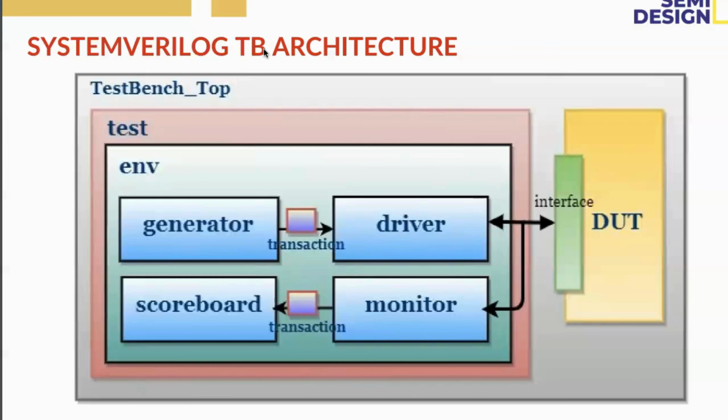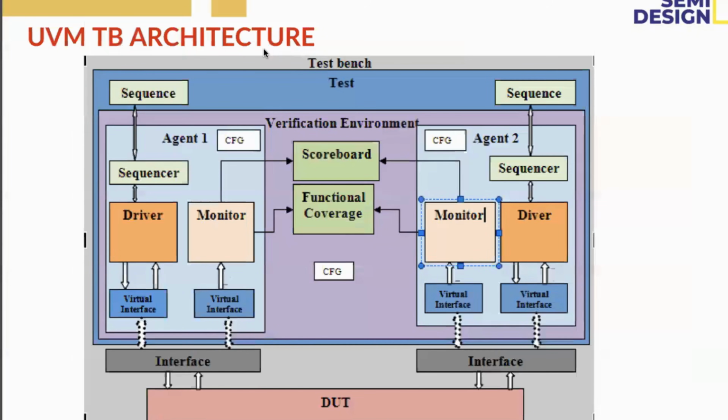Next, there is another abstraction layer called the agent, right? Another thing, in place of the mailbox in UVM, there is the TLM port, which is the standard protocol for data transmission. So this is the UVM architecture, right?